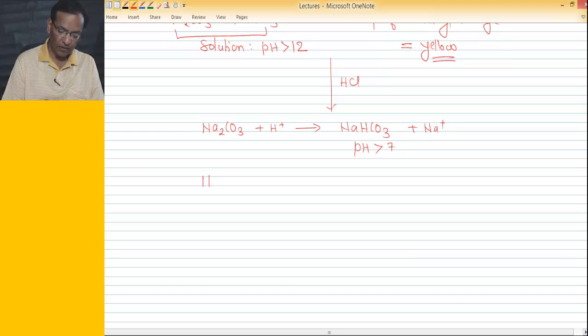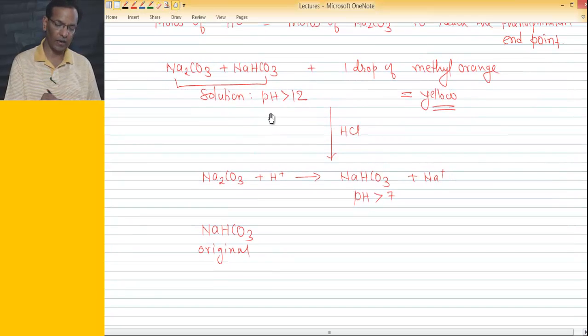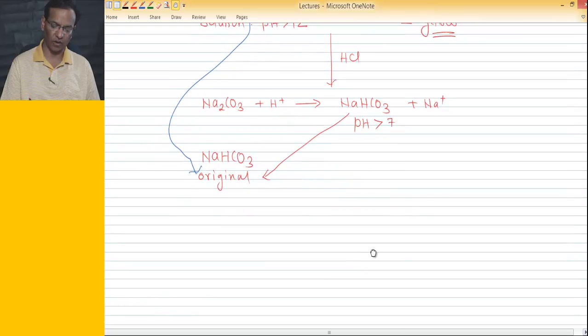In the next step, the sodium bicarbonate. And now the sodium bicarbonate in solution is from two sources. One is from the original. We had sodium bicarbonate originally in the solution here, and some sodium bicarbonate produced in the first step of titration of sodium carbonate.